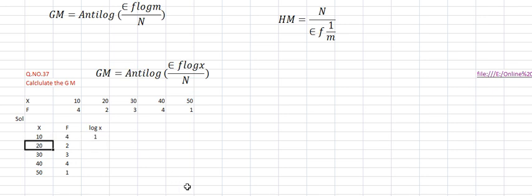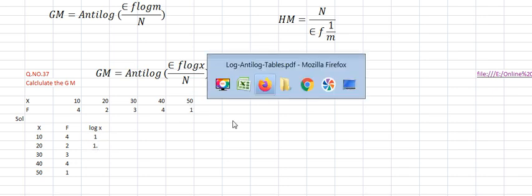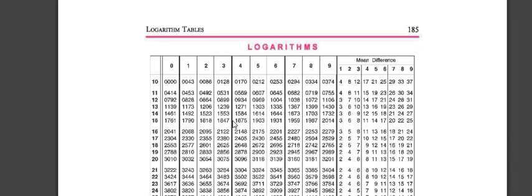Next, 20. 20 means 2 place. 2 place number minus 1 is 1. Right? 1 point. You check the table now. The table is like this. 20 0 now.